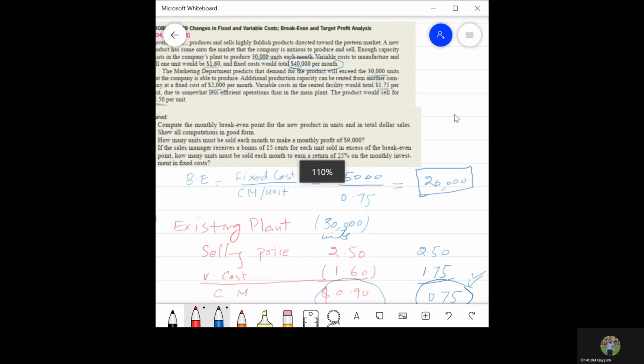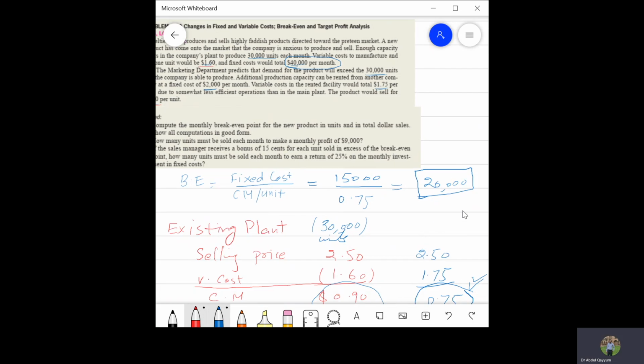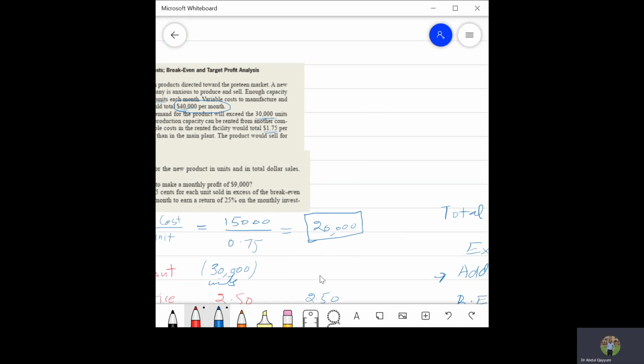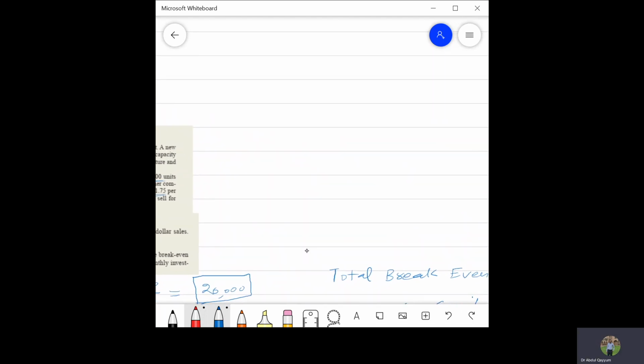Part 2. How many units must be sold each month to make a monthly profit of 9,000? So if you want a monthly profit of 9,000, then how many units do you need to sell? So the formula is target profit divided by CM per unit.